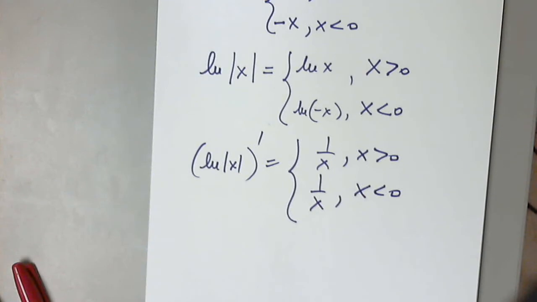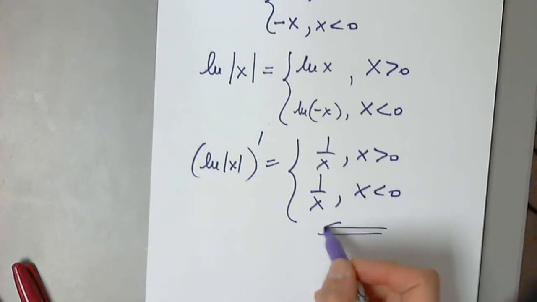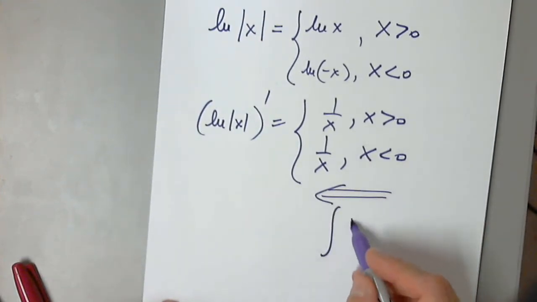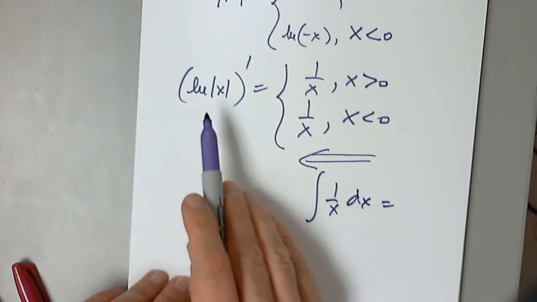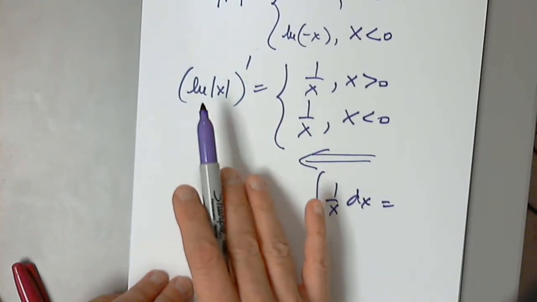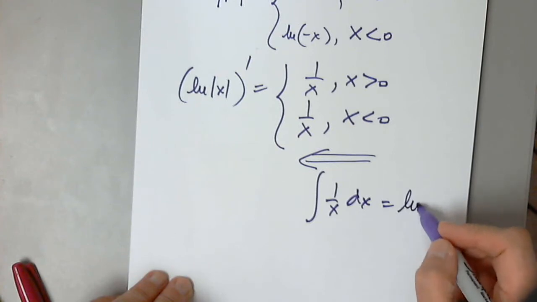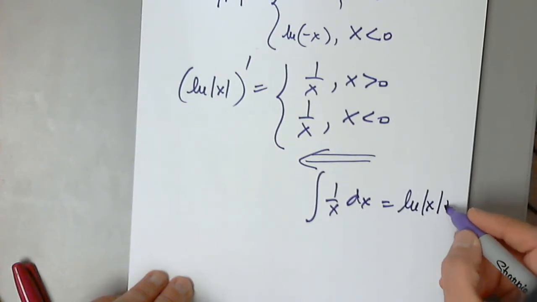when we integrate 1 over x, what do we get? Going backwards now, the integral of 1 over x dx will be natural log of the absolute value of x plus a constant c.